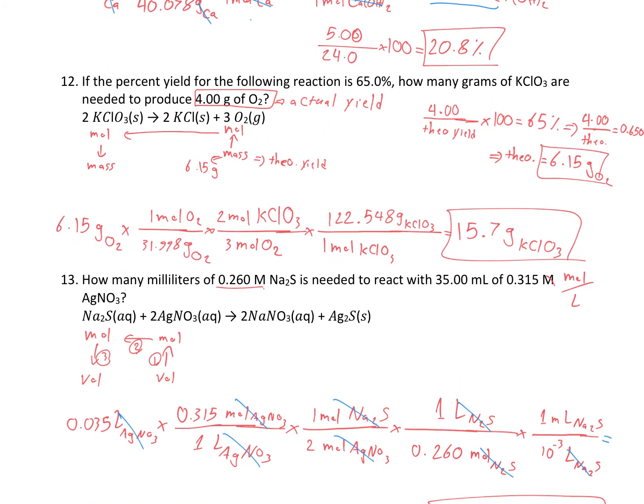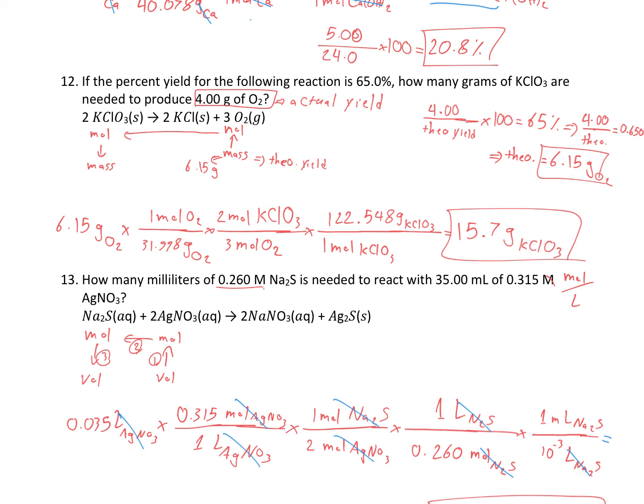Question number 12. Percent yield for the following reaction is 65. So in this question you have percent yield. When you have percent yield, definitely you need to find the actual yield.